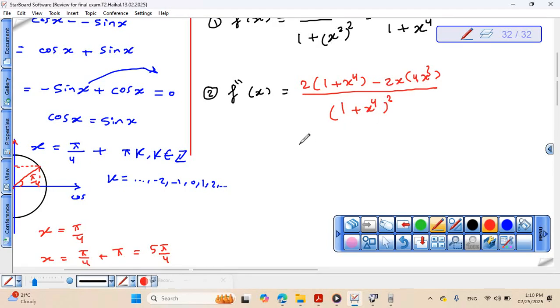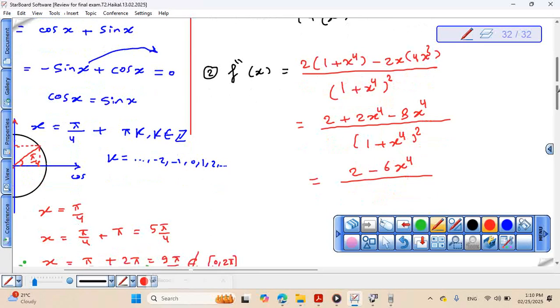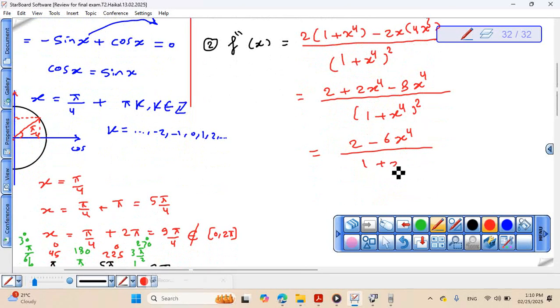Let's start here, simplify this fraction. This is maybe 2 plus 2x to power 4 minus 8x to power 4, over 1 plus x to power 4 squared. Okay, this is, I think, equals 2 minus 6x to power 4 over 1 plus x to power 4 all to power 2.